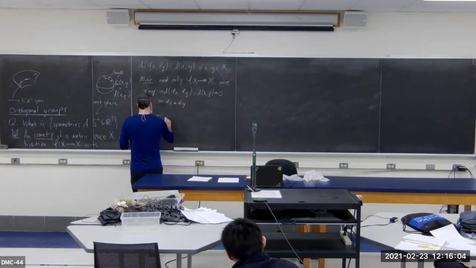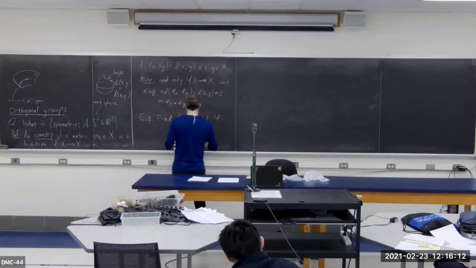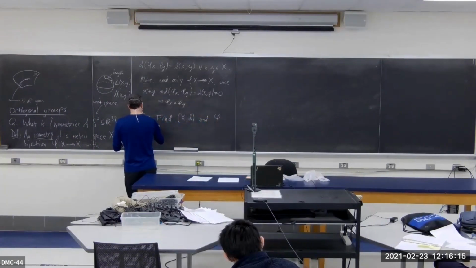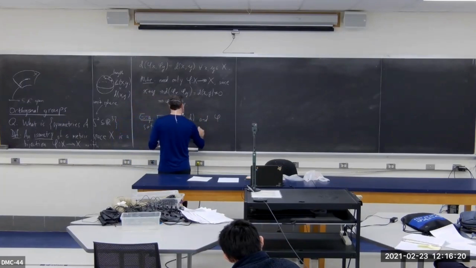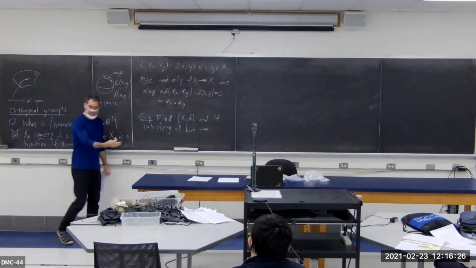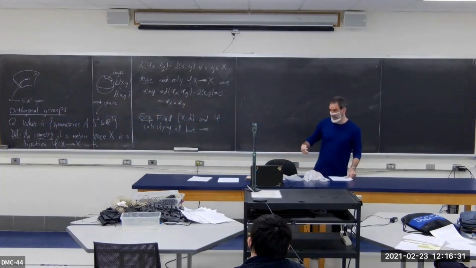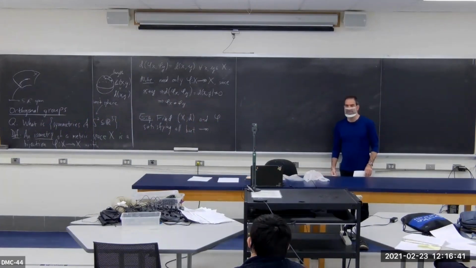So let's find X, d, and phi satisfying all but surjectivity. It's going to preserve distance. This is going to be a function from whatever X you choose to X, and it's going to keep points the same distance apart, but it's just not going to be surjective. It has to be injective because it preserves distance.